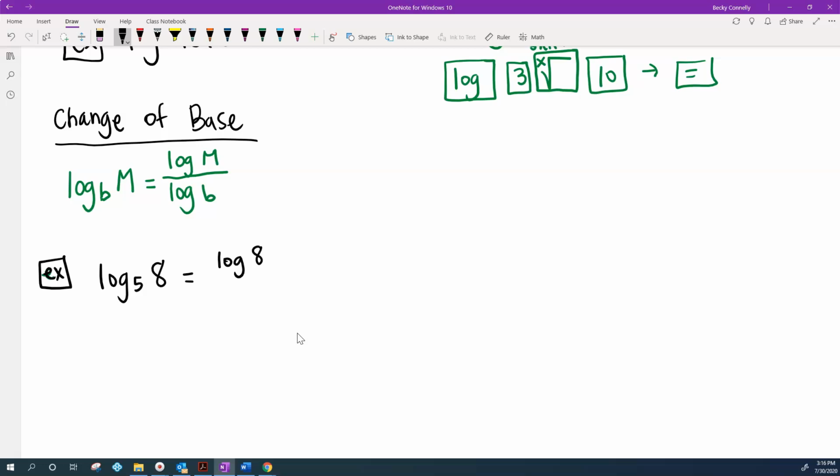And then again, on some of your calculators, you might have to do log of 8, press equals, and then do divided by log of 5 and press equals again. Okay, so let's see what you come up with, and let's make sure you know how to get to the answer here, because that's going to be approximately 1.2920.